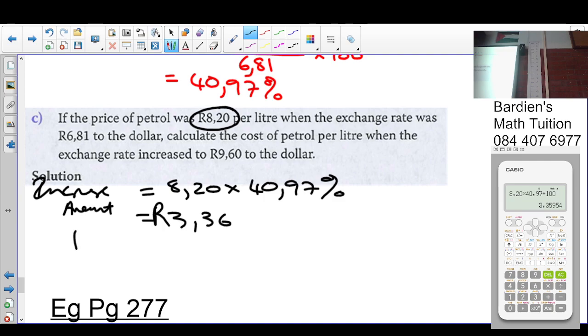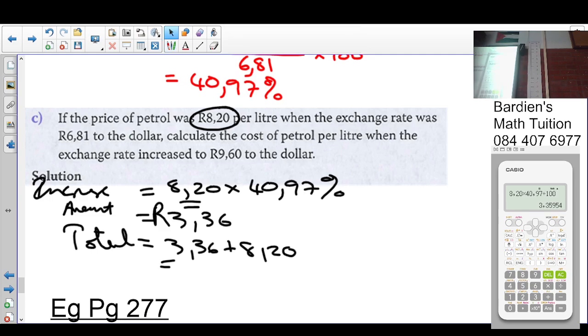That's the increased amount. So the total now is 3.36 plus the starting value, which is 8.20, giving us 11.56. So that is what it is going to cost per litre of petrol.